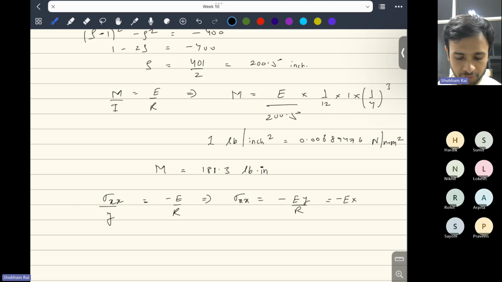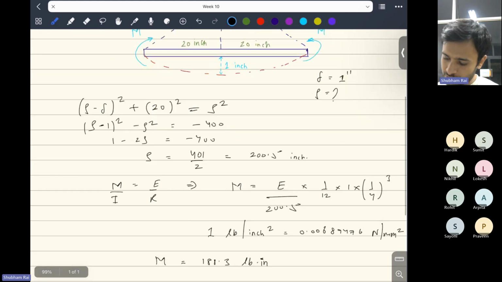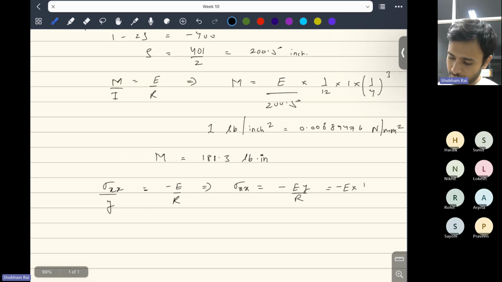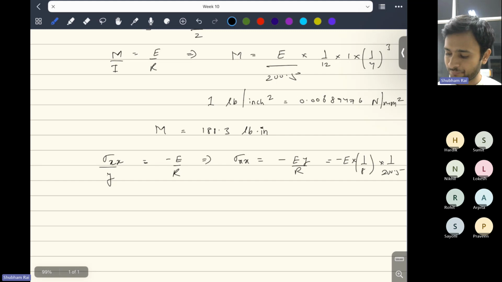So y should be thickness divided by 2. Thickness is how much? 1 by 4 inch. The thickness divided by 2 will be 1 by 8 inch. And divided by R, which is 200.5. So you can just find out what should be the maximum stress. Okay.